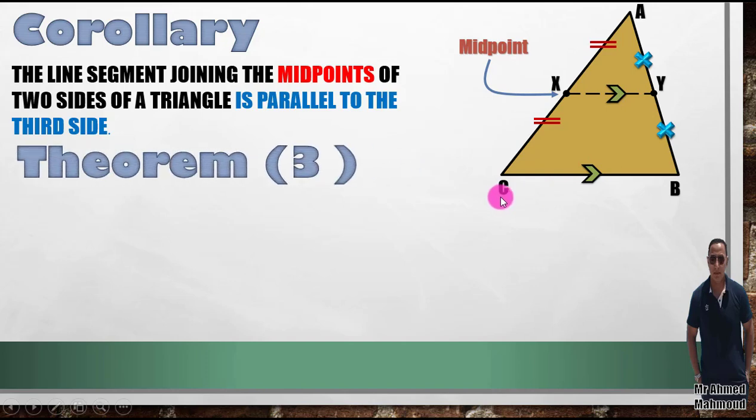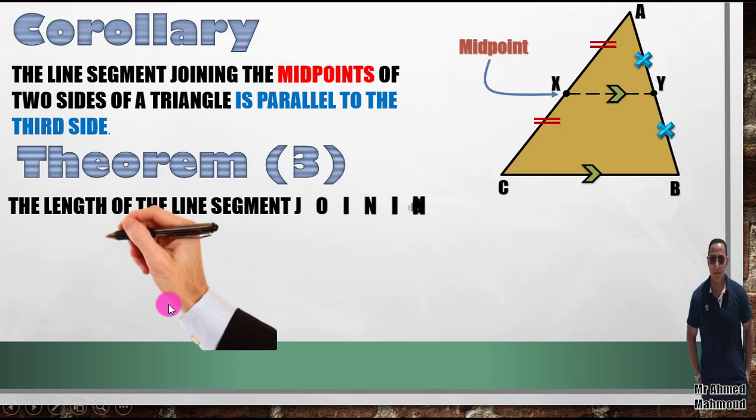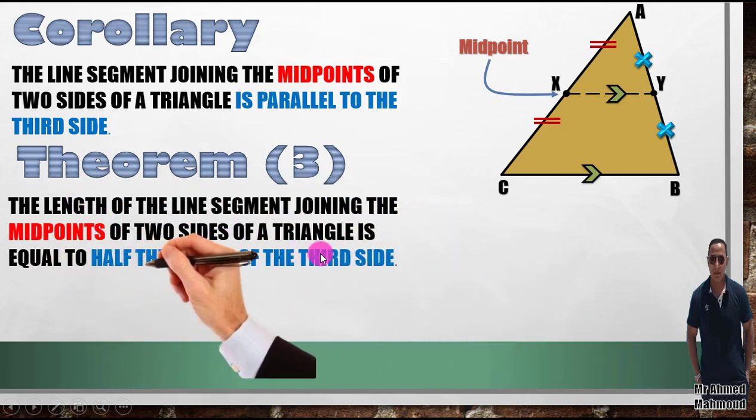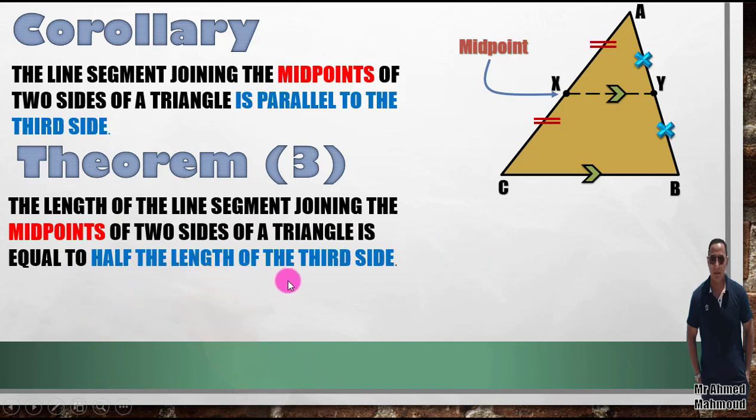Another theorem: the length of the line segment joining the midpoints of two sides of a triangle equals half the length of the third side. For example, let BC equal 10 centimeters. So the length of the line segment connecting the two midpoints equals half BC. Half of 10 is 5, so XY equals 5 centimeters.